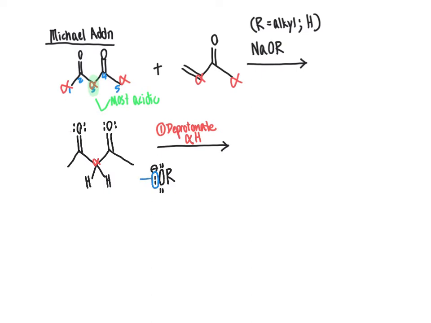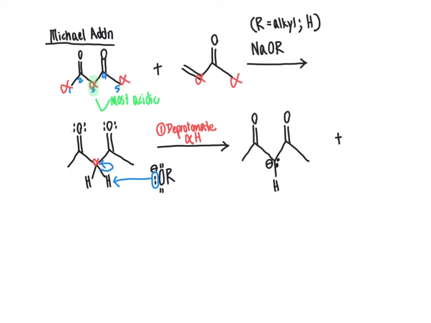Making it quite basic, it's going to come over, grab a proton from that alpha position acid, forcing the hydrogen-carbon bond here to break and the electrons to go onto the carbon to create our resonance stabilized carbanion enolate intermediate. So going ahead and creating that, we are going to have still one hydrogen directly bonded here and our lone pair of electrons and negative charge there.